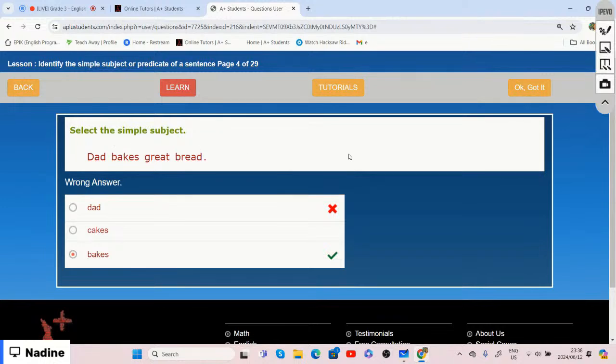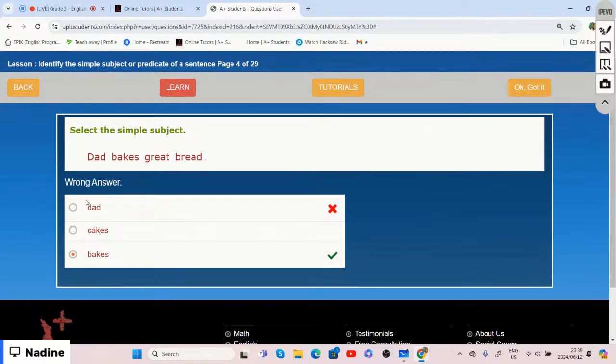The subject bakes. I think here is a mistake, because bakes is a predicate. Guys, bakes is a verb, right? Which means that our answer is supposed to be dad, unless they were supposed to ask for the predicate in this case.